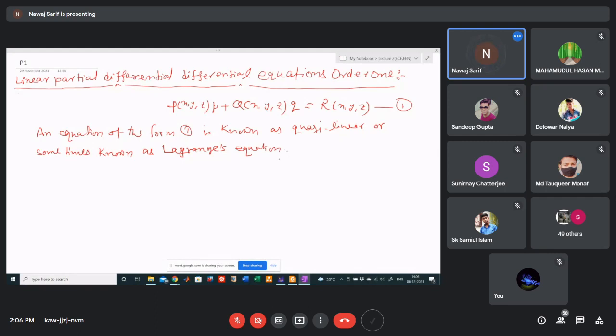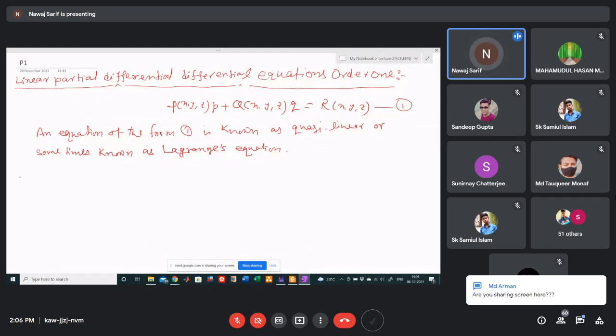So this is your Lagrange's equation. Now we are applying a method to solve this type of equation. That method is Lagrange's method.